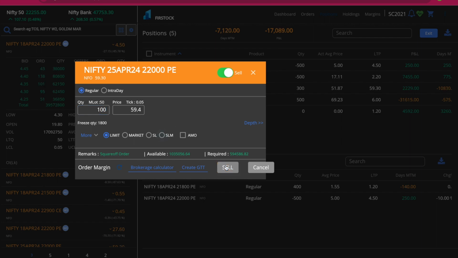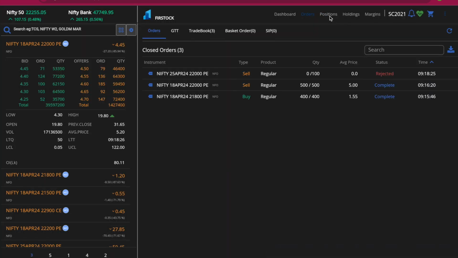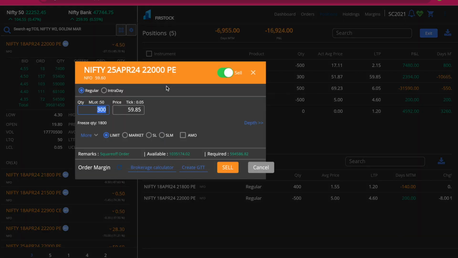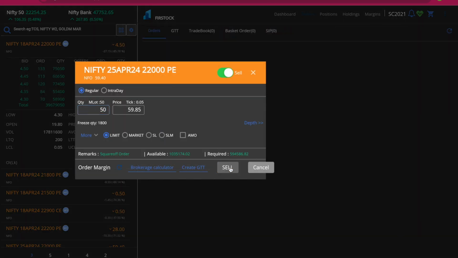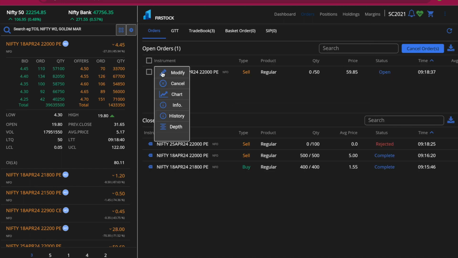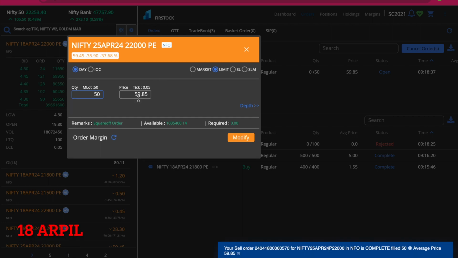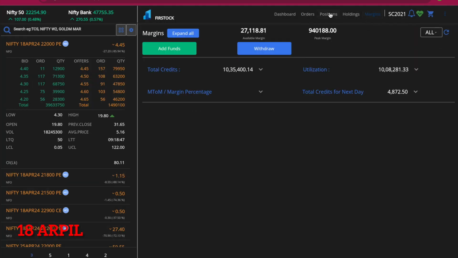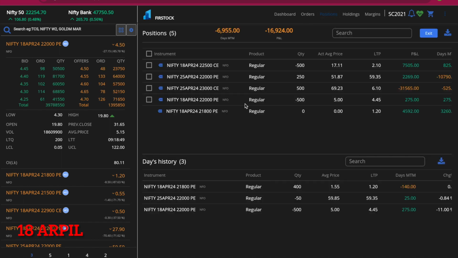Will the market reject this? Yes. So what can we do here? What if we exit this for 50 quantity only? Yes, it can be exited. Just want to modify, and yes, it is exited. No need to modify. And the margin left is 27,000.